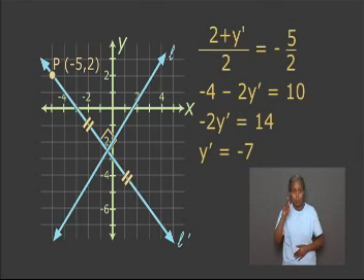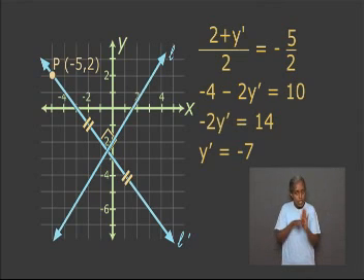(2 plus y prime) over 2 is equal to -5/2. We multiply each side by -2 to find that -4 minus 2y prime equals 10.